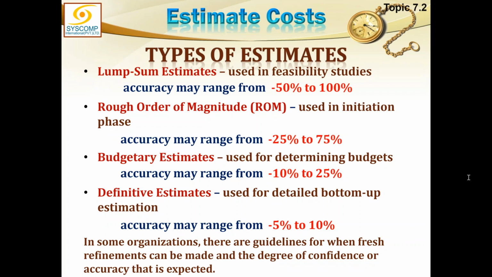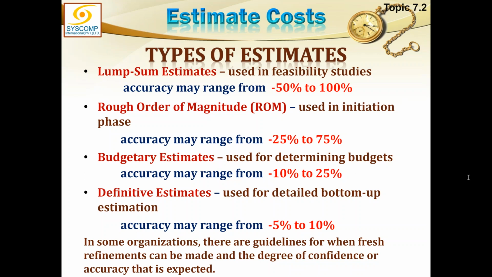Right, sir. So this depends on when you are estimating. If you are estimating too far earlier, then probably this is a lump sum estimate. If you are initiating a project, that is a rough order of magnitude. If you are creating your budgetary estimate, then probably you are the person who is assigning the budget, and the definitive estimate is being created by the project manager.